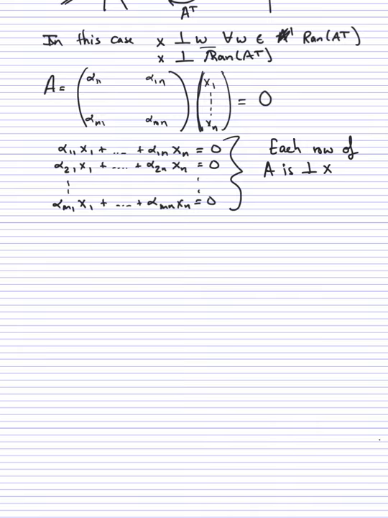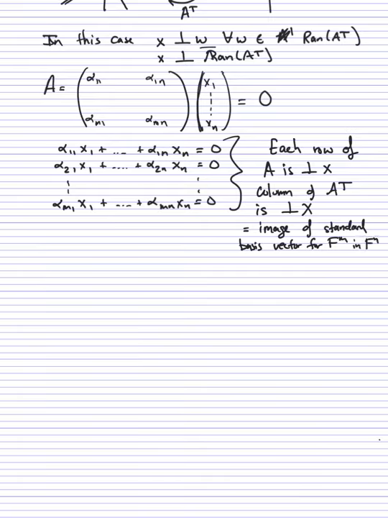Okay. On the other hand, this means that the column of A transpose is orthogonal to x, but the column of A transpose is just the image of standard basis vector for Fm in Fn.